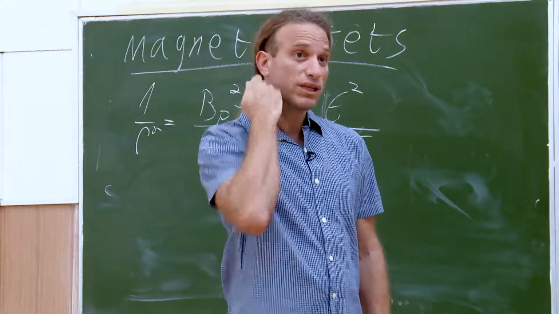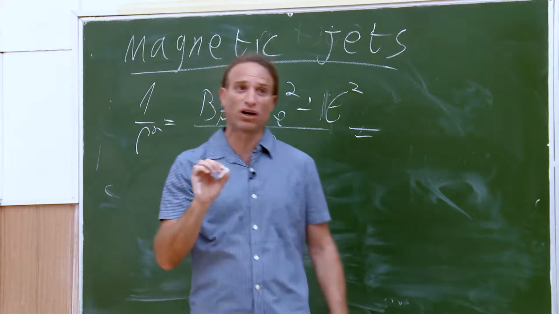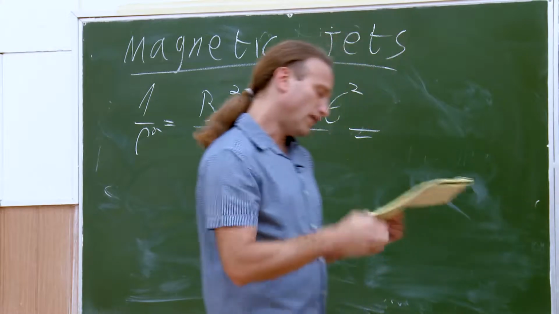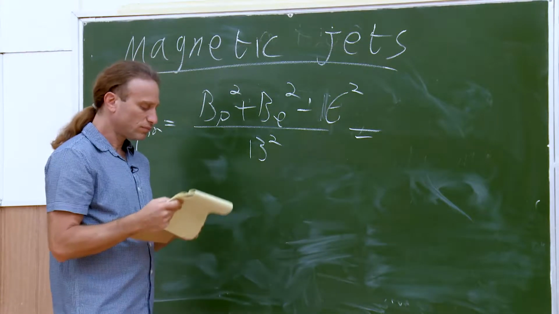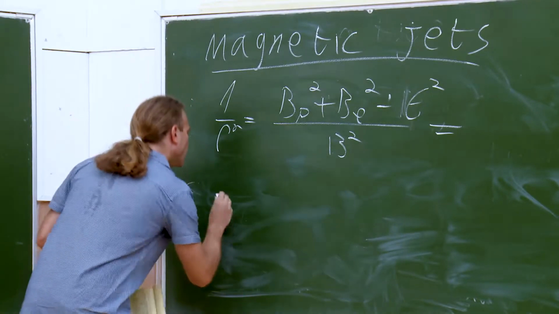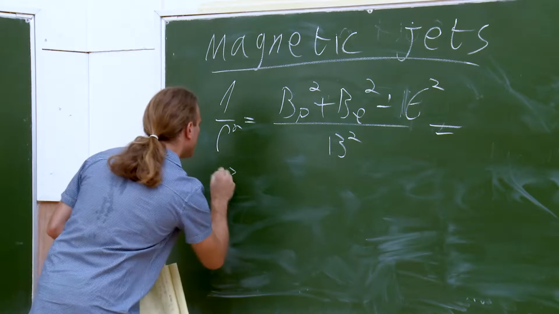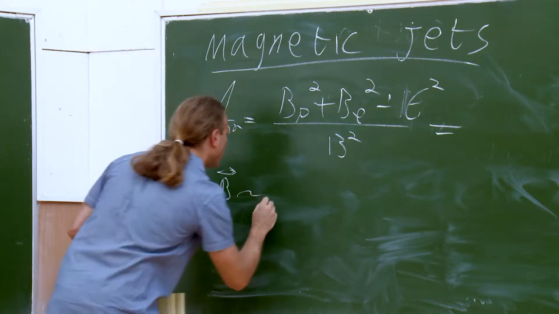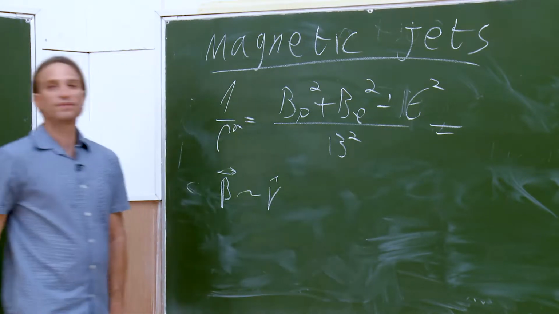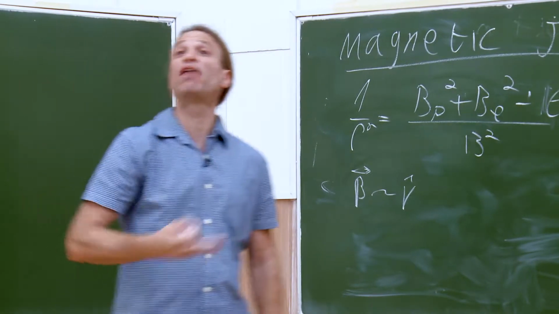So here I'm assuming two things. First of all, I'm assuming that the velocity, the beta drift, is roughly radial. And I'm also assuming that the poloidal field, although it's not exactly radial, is roughly radial.